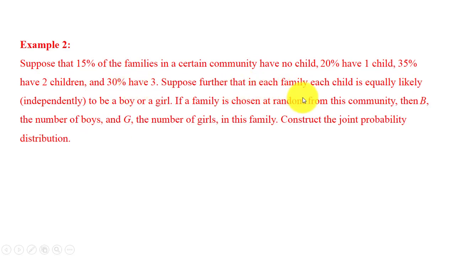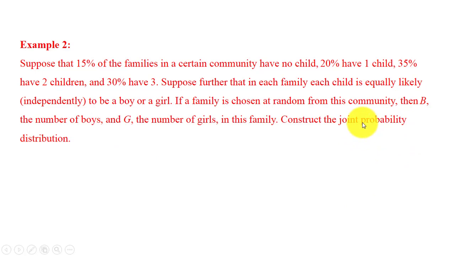Suppose further in each family, each child is equally likely to be a boy or girl, the probability is the same. If a family is chosen randomly from this community, then suppose B denotes the number of boys, B is a random variable which denotes the number of boys, and G is a random variable which denotes the number of girls in the family.